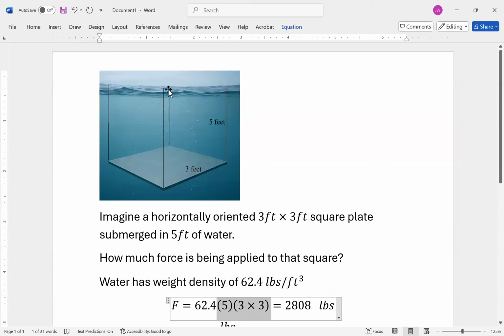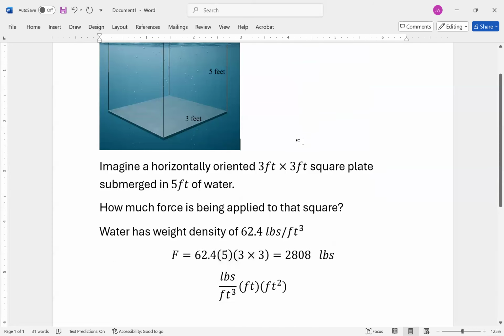If I just took that cube, the volume of that cube would be 5 times 3 times 3. So in some sense, all we're calculating is the volume of the water directly above this plate times the weight density.